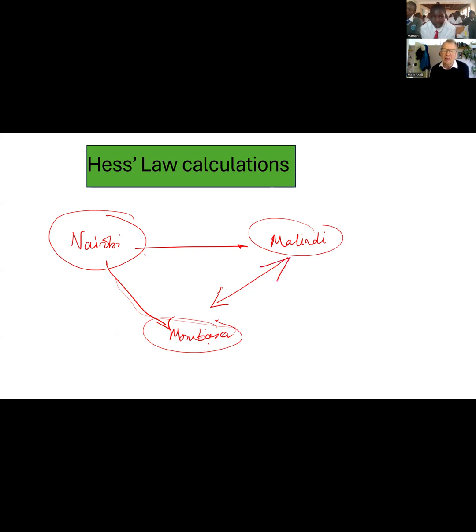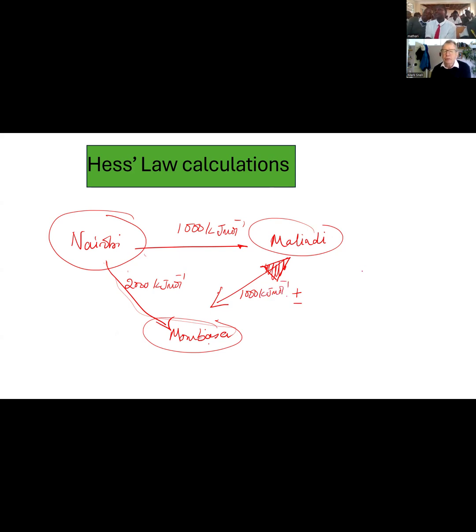I need that ticket. But if you remember what I said about enthalpy changes, one change can be the opposite of another one just by changing its sign. So let's say this is 1,000 kilojoules per mole, and let's say this is 2,000 kilojoules per mole, and let's say this is 1,000 kilojoules per mole.